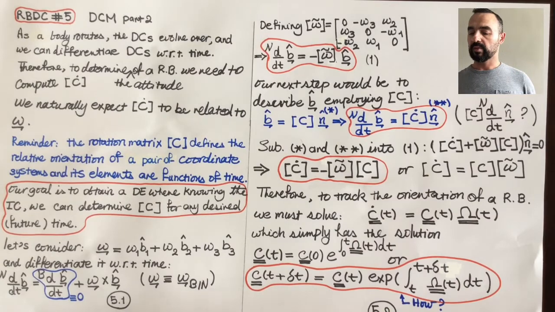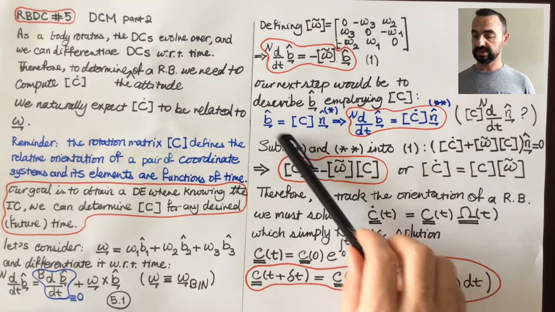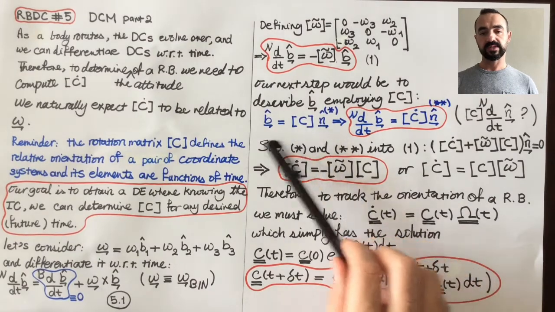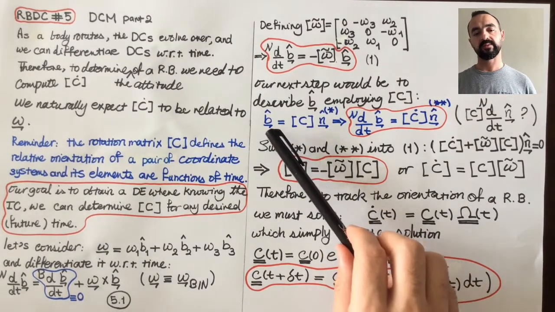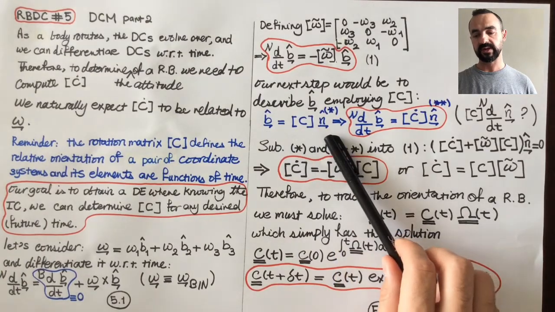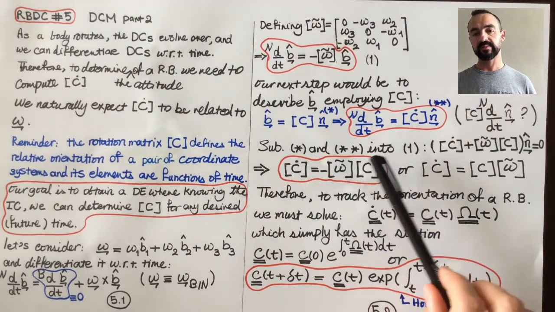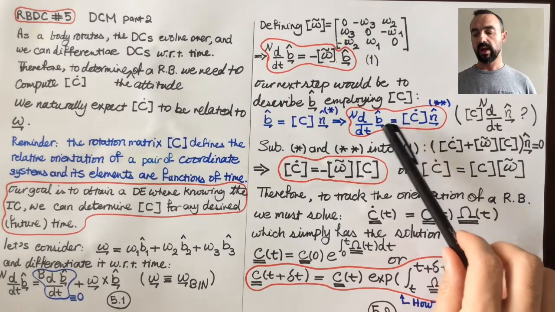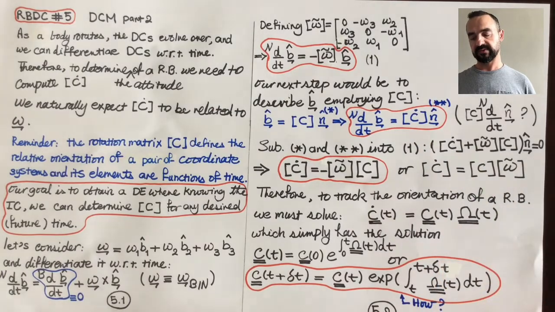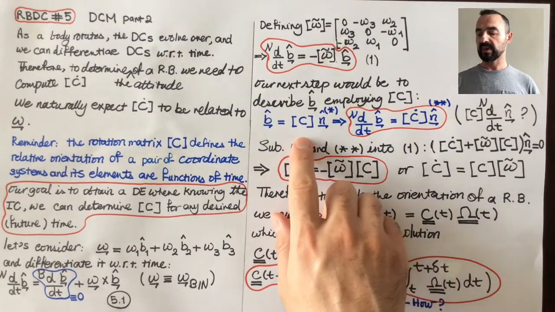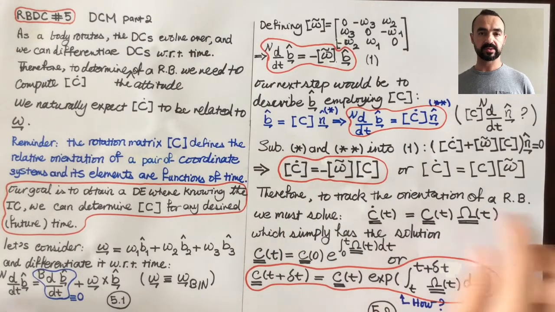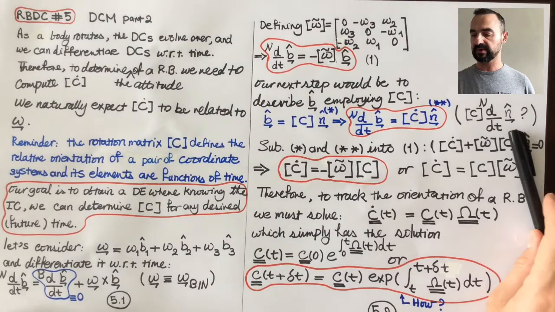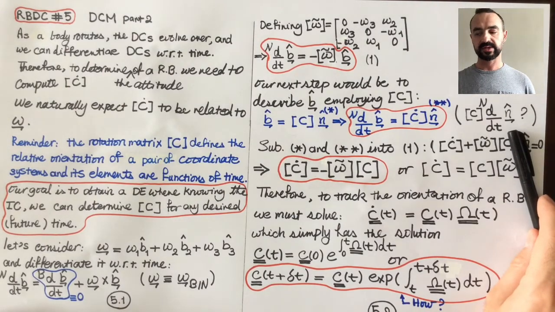Because we are interested in time differentiation, we differentiate both sides. We already know how we relate the unit vectors in body frame and in inertial frame. Then we differentiate the left hand side and the right hand side. Now, because we have two terms on the right hand side, simply the product rule applies. We have two terms, but one of the terms goes to 0.